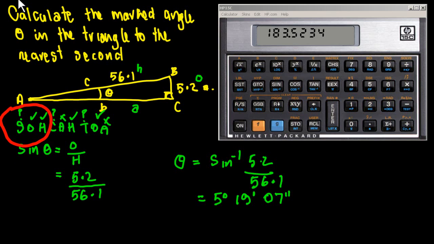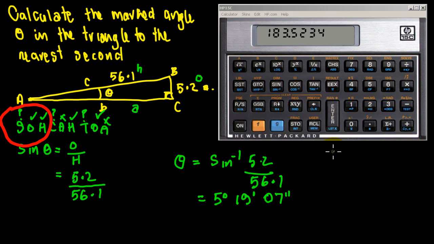All good. Okay, so now we can say sine of theta equals the opposite over the hypotenuse, and that's 5.2 over 56.1. Just a little note there that they're just to 1 decimal place. However, the question has asked that it be calculated to the nearest second. So theta equals sine to the -1, which is the inverse of the sine of 5.2 over 56.1.